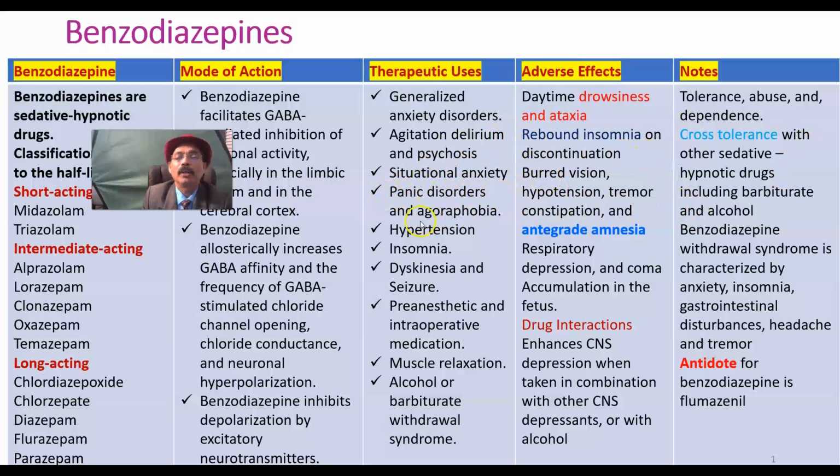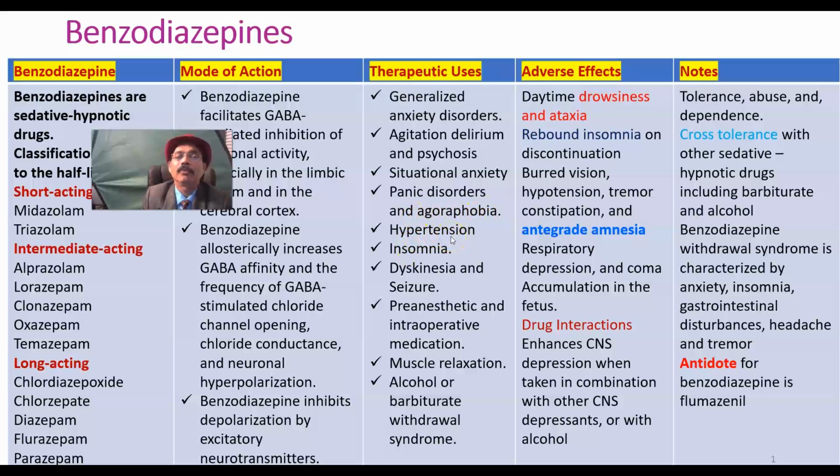Panic disorder and agoraphobia, another type of anxiety disorder, when a person is in a place where escape is very limited and the person cannot go out of that gathering of other people. That is called agoraphobia.